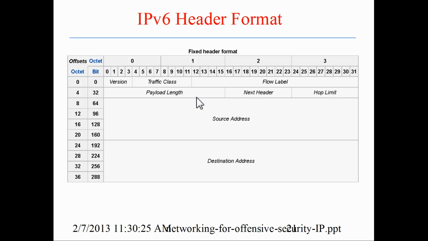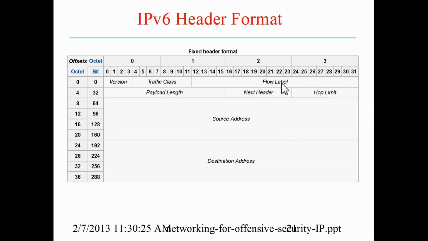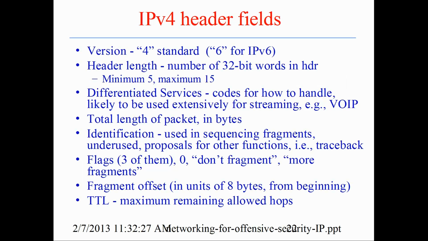It does not have, as you see, many of the metadata, such as time to live, the checksum, fragment offsets, because a lot of the aspects of it are implemented differently. And I leave the discussion of that for the other networking classes here at FSU. It's somewhat outside the scope because we won't be focusing on IPv6 in this class, not this year.